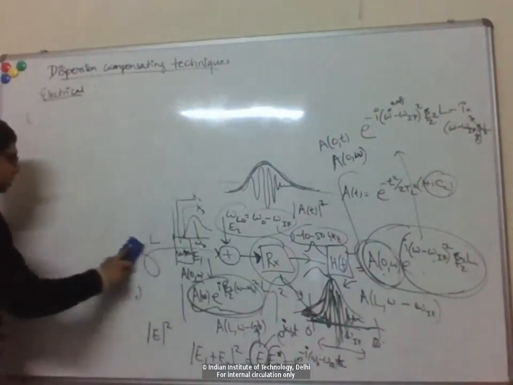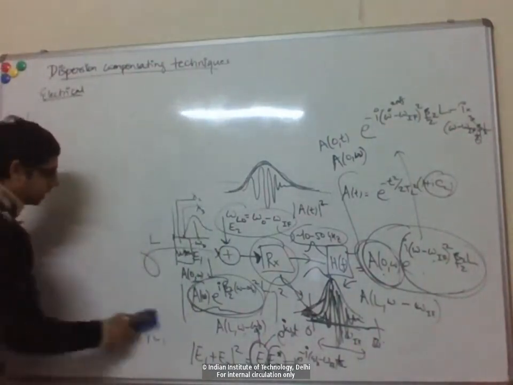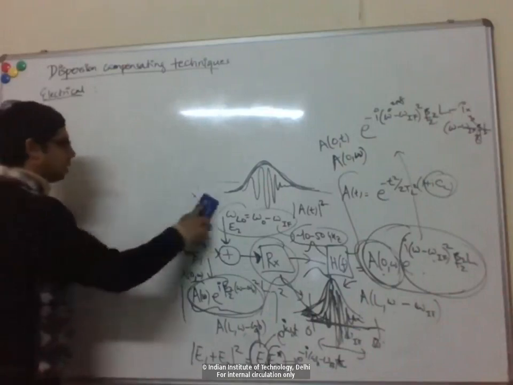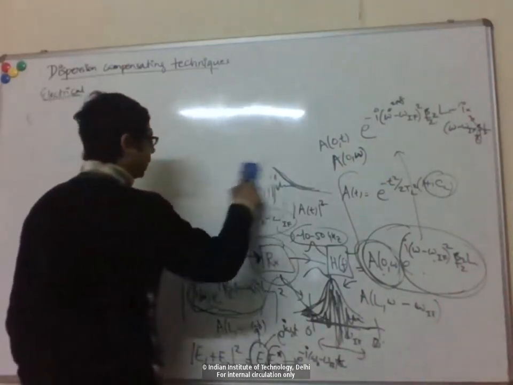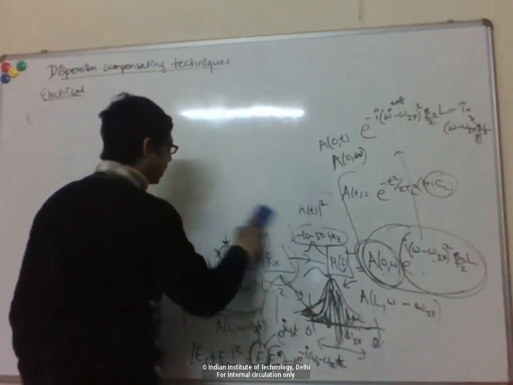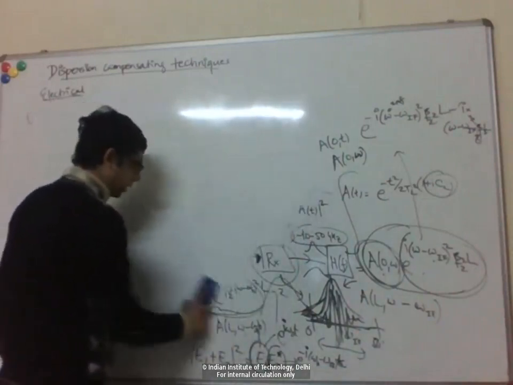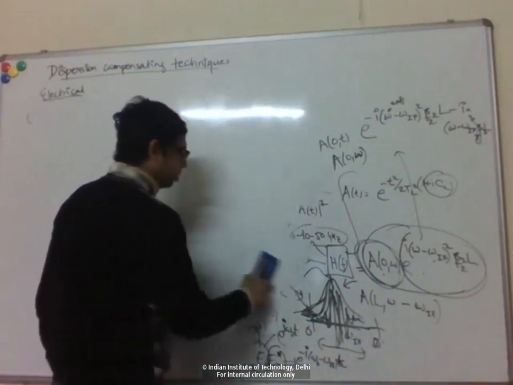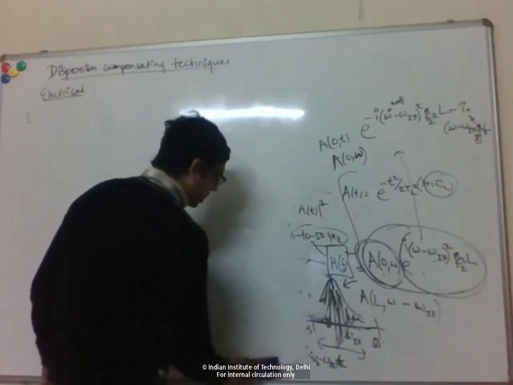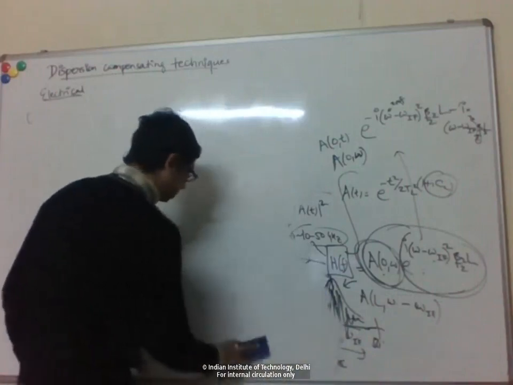If you have a coherent source, then you can also pre-compensate by taking note of this chirping phenomenon, right? So basically, this broadening is happening because of chirping, right? So let's say you start with an unchirped pulse at the transmitter. Due to the fiber dispersion, the pulse is getting chirped and broadened.